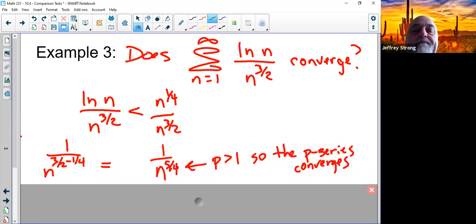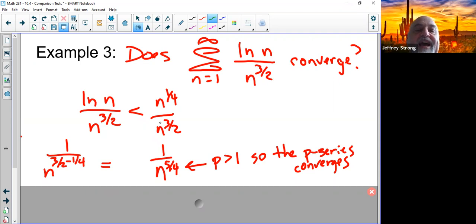As I simplify, I get 1/4 minus 3 halves, a negative 3/2, bringing it into the denominator.